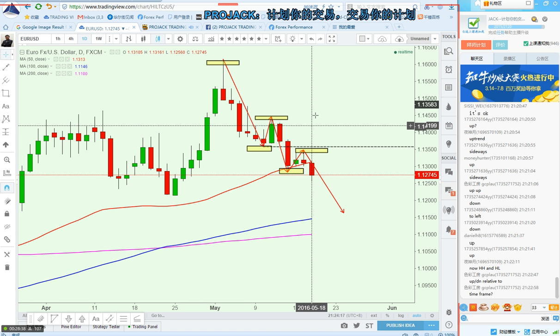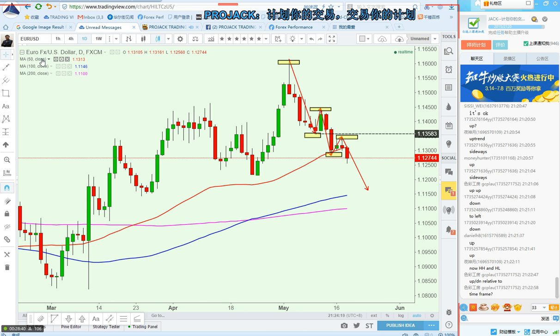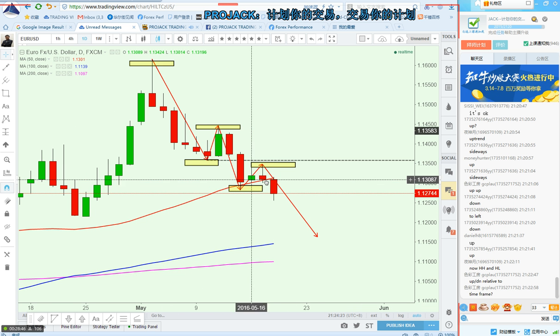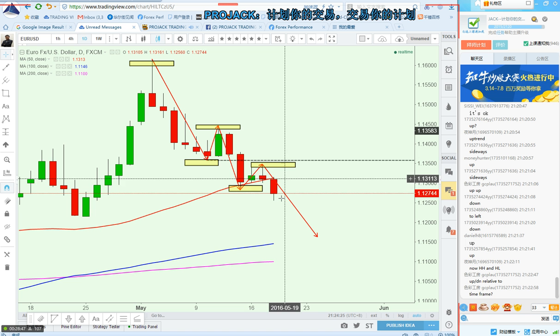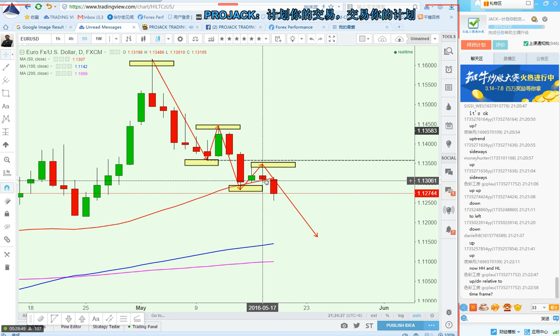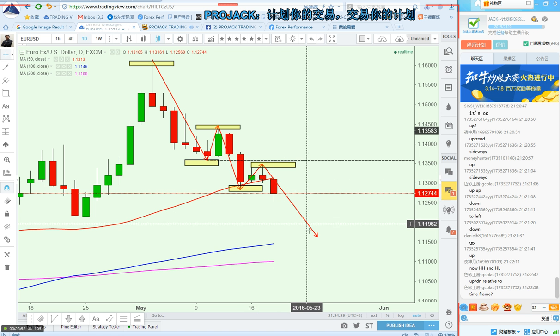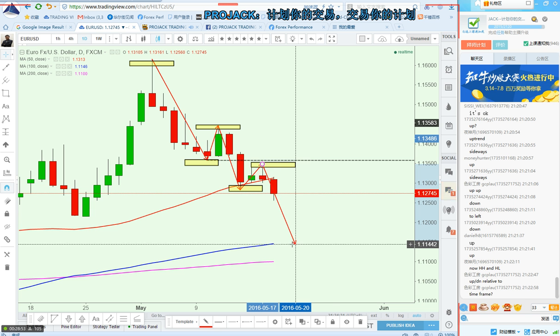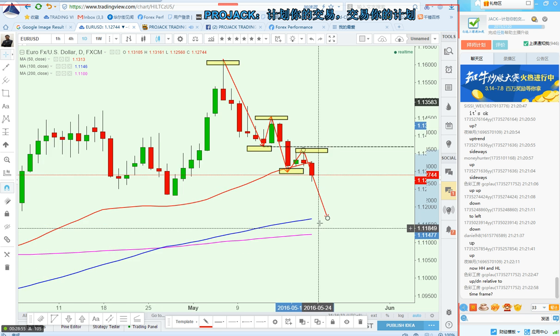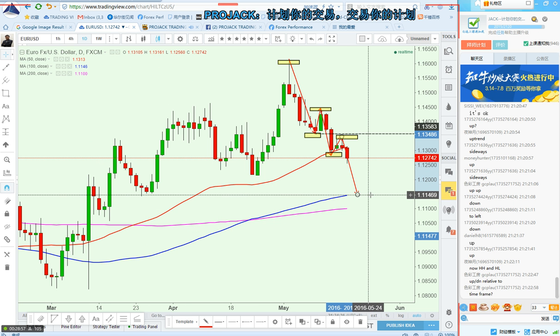And another thing is the 50-day MA, this red moving average is now broken, right? So if this moving average is broken, I will see that the euro goes all the way to 1.1147, goes to test the 100 MA. And look left.